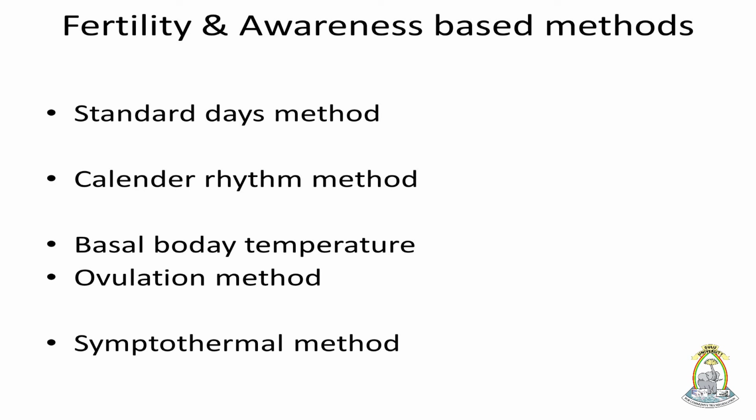We have the fertility awareness-based methods: the standard days method, the calendar-based method, the basal body temperature ovulation method, and then the symptothermal method, where you look at the rise in body temperature, and you also look at the changes in the cervical mucus. So you combine a number of parameters to make a decision.